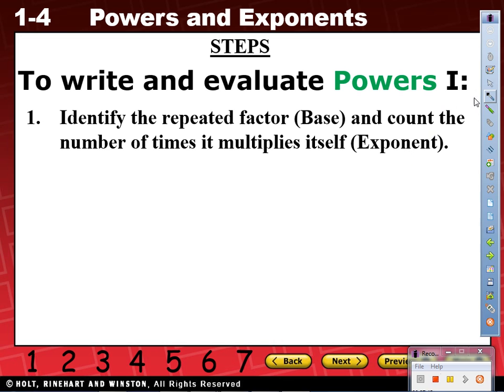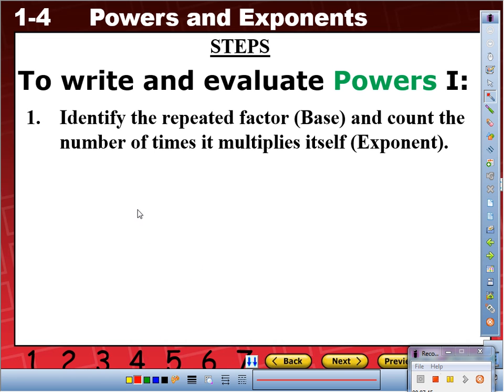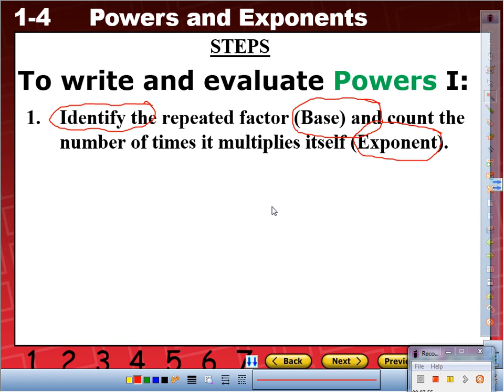In other words, for those of you that want it in simple words, step 1, identify the base and exponent. Is that a little bit simpler? When you see an expression or a power, identify which is the base and which is the exponent.